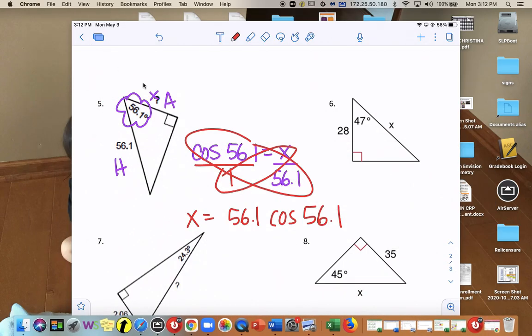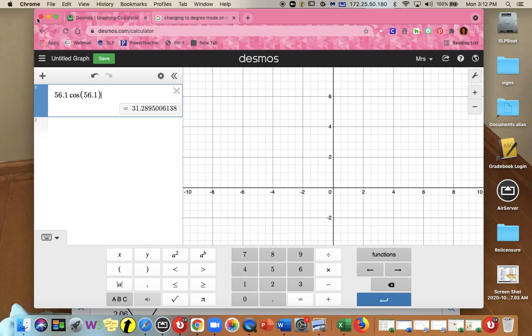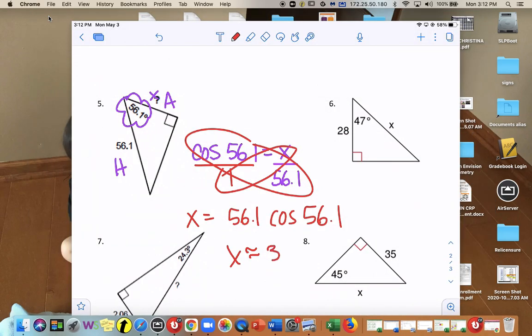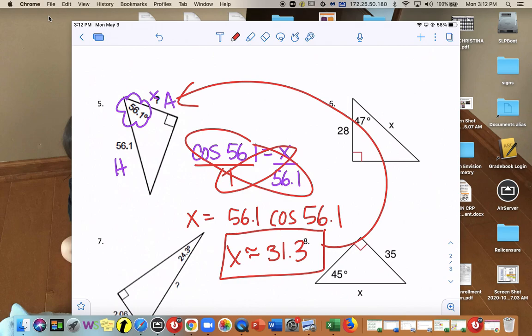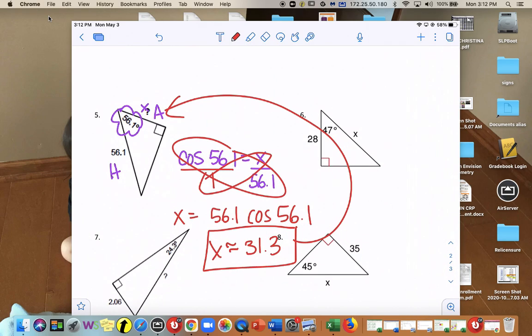Oh, excuse me. All right, so x is about, I forgot already, 31.3. And we can see it's smaller than the hypotenuse, which it should be. So the remaining 7 problems, you want to choose your angle, label your sides, choose the right trig ratio, and then cross multiply and solve.